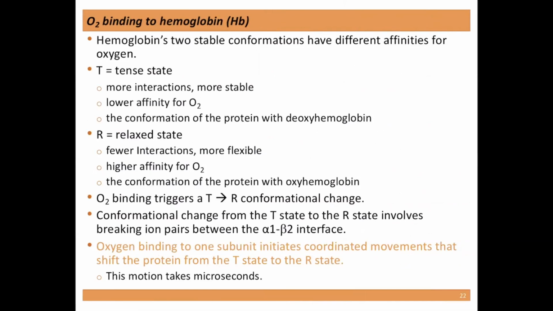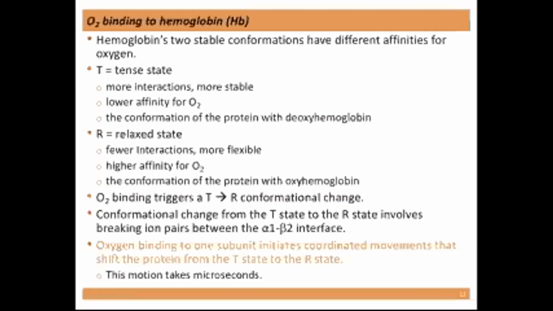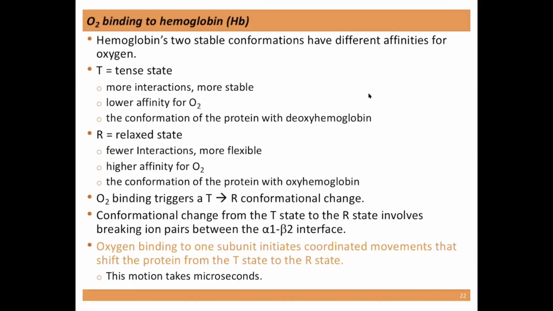So let's move on to hemoglobin and figure out what we need to do to make a good delivery agent for oxygen. So as I mentioned, there are different states of that heme group. And so they actually refer to these states not just as a heme, but the overall protein.